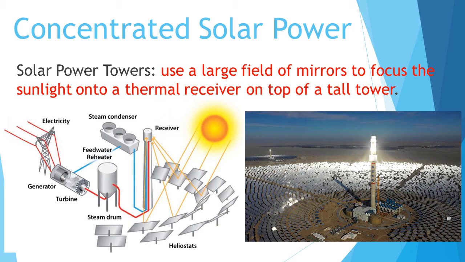You can almost see the heat being generated at the top of that tower. Okay? So, again, all the sunlight spread out isn't enough to generate steam, but when we reflect that heat onto a singular point, we can generate heat and steam. Fascinating.